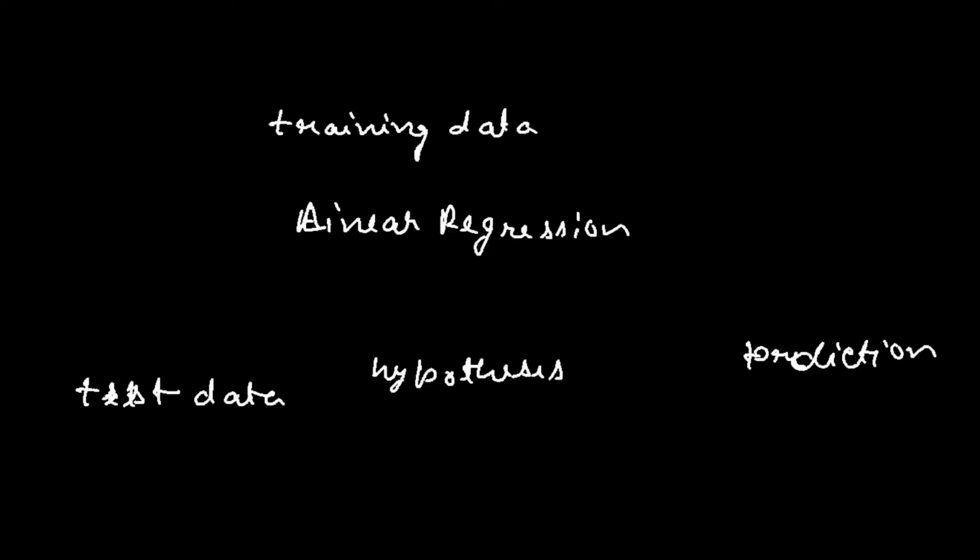So first I pass the training data to the linear regression algorithm, and this linear regression algorithm gives me a hypothesis. I pass the test data to the hypothesis, and that gives me the prediction. After the prediction we go for the cost function, right? So I think up to this is clear, right?